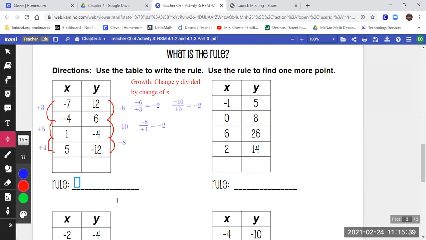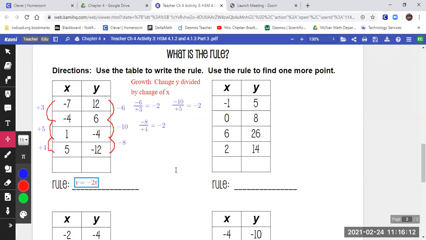If I'm writing my Y equals, where has my growth been going? Because what does the growth tell me? It says to multiply times the X's, right? So my rule has to say Y equals growth number X. That's how it's been the whole time. Remember we did those connections, next to the X.